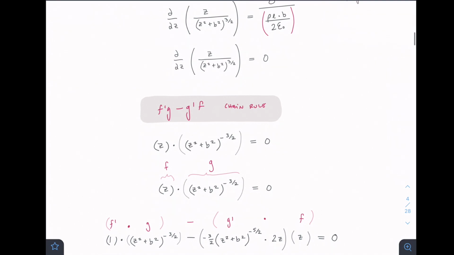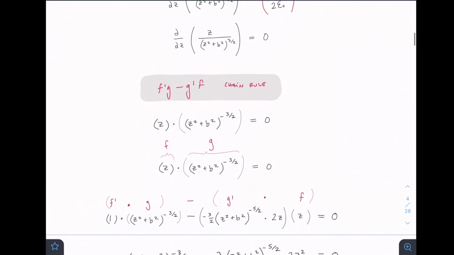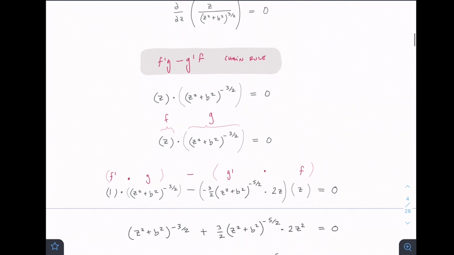When we do this derivative, the way we're doing it is the quotient rule: f prime g minus g prime f. This would be our f and this would be our g. First we have the derivative of z, so f prime is 1, multiplied by g, plugged in here.